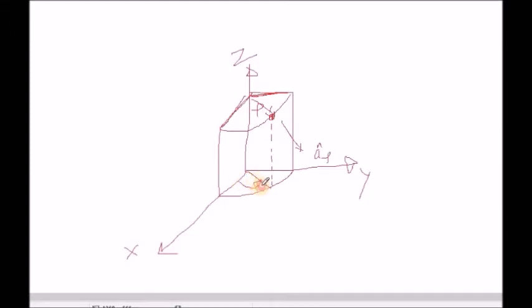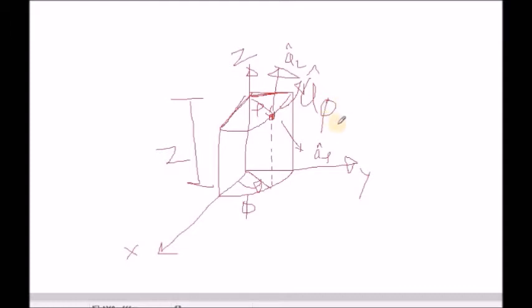Then this is your angle phi, or this is your azimuthal angle phi, and this height is your Z. So this is your A rho, this will be your A phi, and here you have A Z. So this is the circular cylindrical coordinate system.